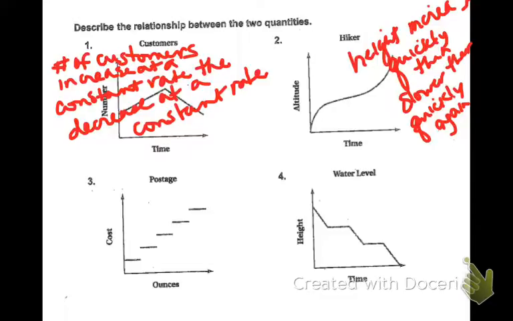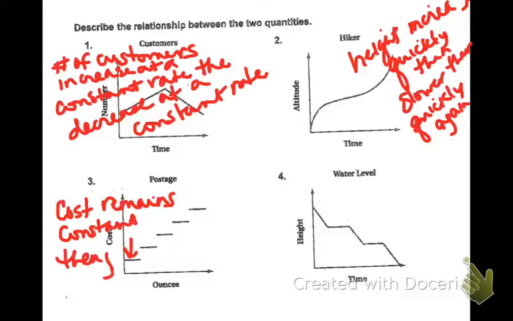How about your postage stamp for the number of ounces and the cost? The cost of postage usually follows this pattern. The cost remains constant, as noted by the dashed line. Then it jumps, over and over. Okay.